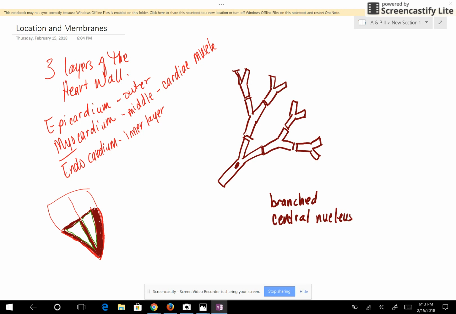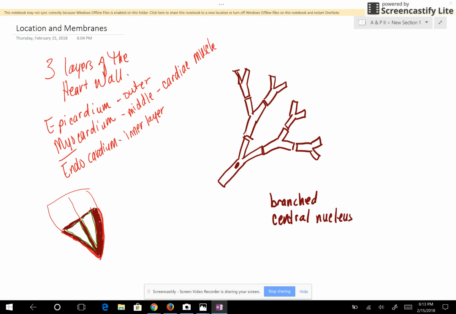Okay, so you can see that this would just continue to grow. So one cell would tell two cells would tell four cells would tell eight cells would tell 16 would tell 32 would tell 64, and 64 would tell 128, and so on. So that's the structure of your cardiac muscle cells.